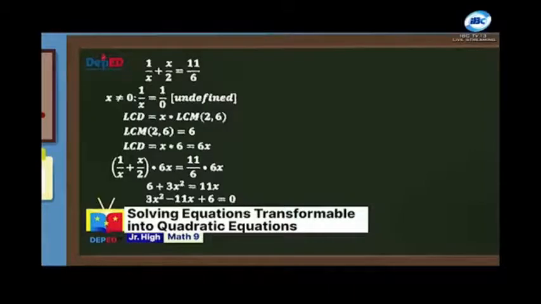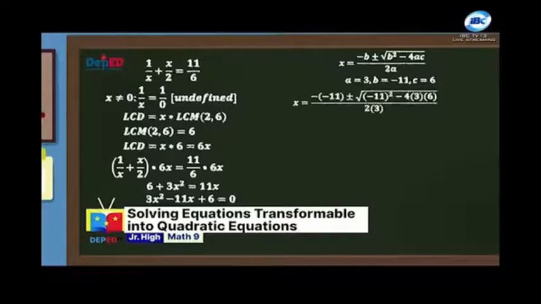Let us solve the quadratic equation by using the quadratic formula. In the equation, a is 3, b is negative 11, and c is 6. So x equals the negative of negative 11 plus or minus the square root of the expression square of negative 11 minus 4 times 3 times 6, all over 2 times 3. x then must be equal to positive 11 plus or minus the square root of the expression 121 minus 72, all over 6.